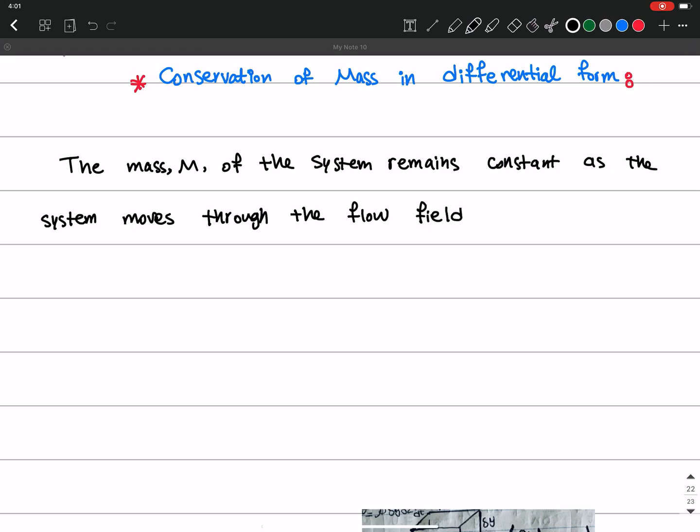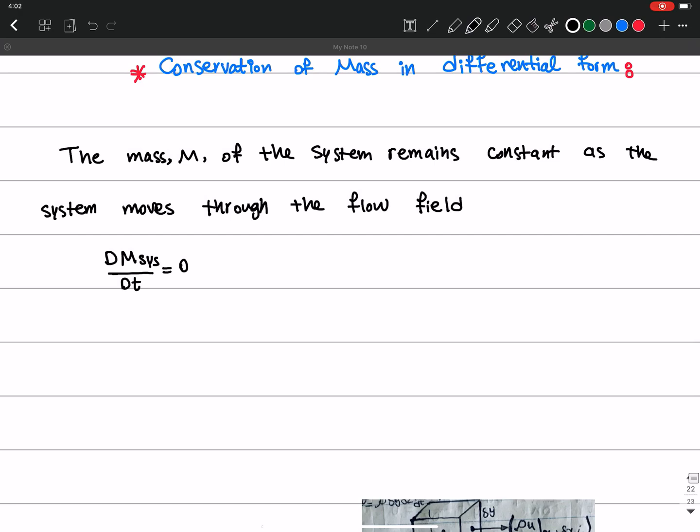Okay, what does this mean? This means that the rate of change of the mass in the system, or dm_sys over dt, is 0. Okay, so we use Reynolds transport theorem from this.